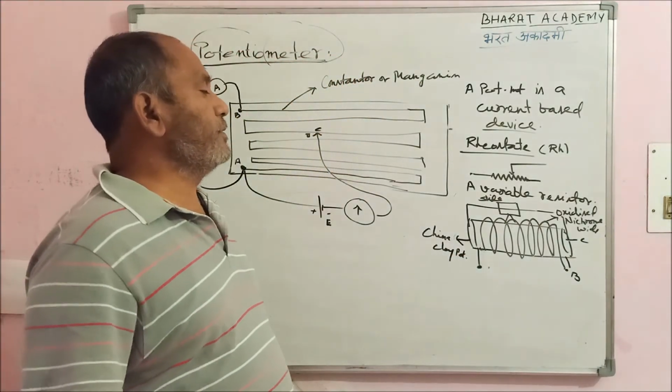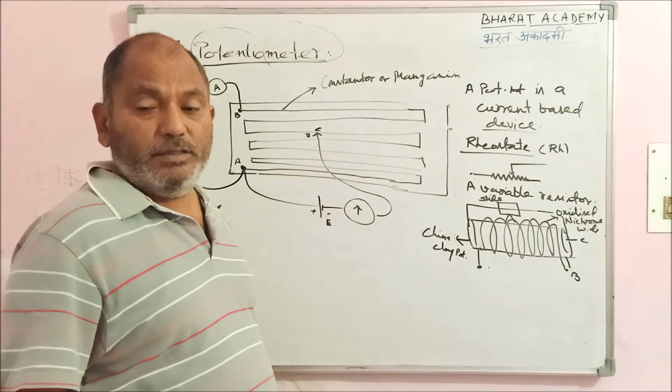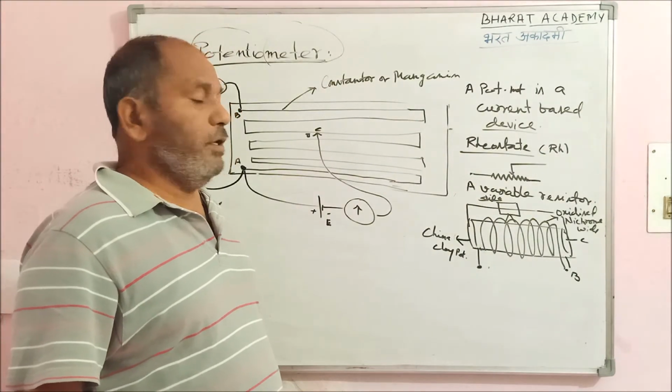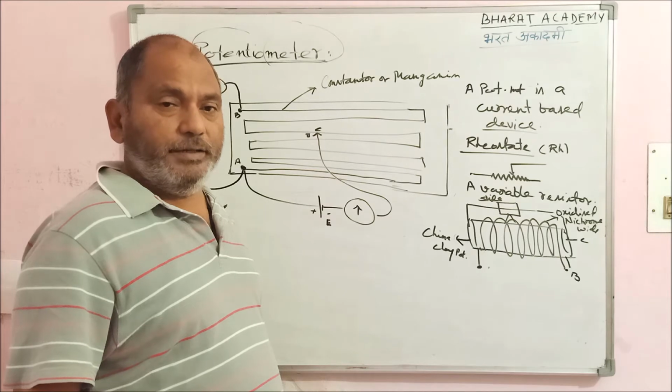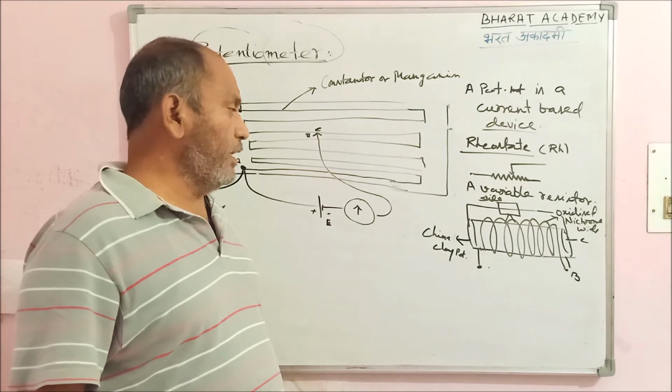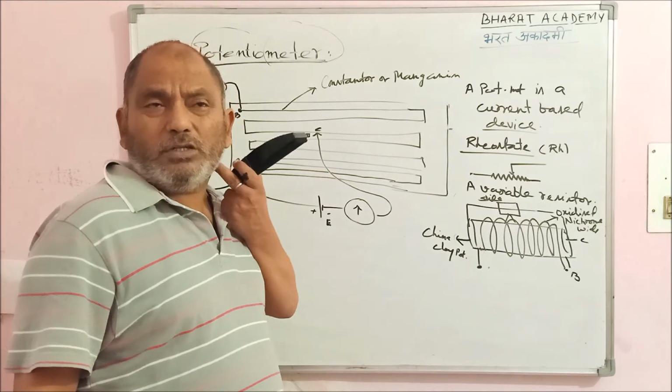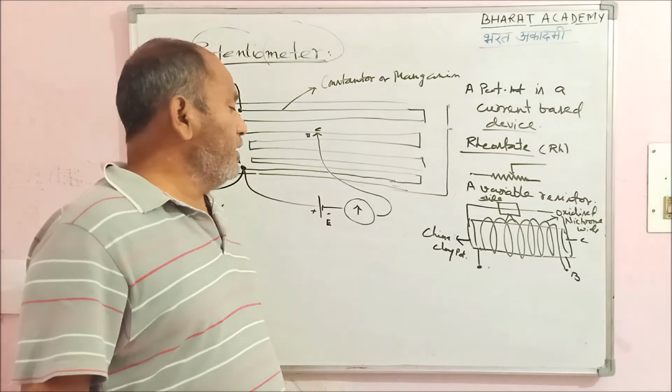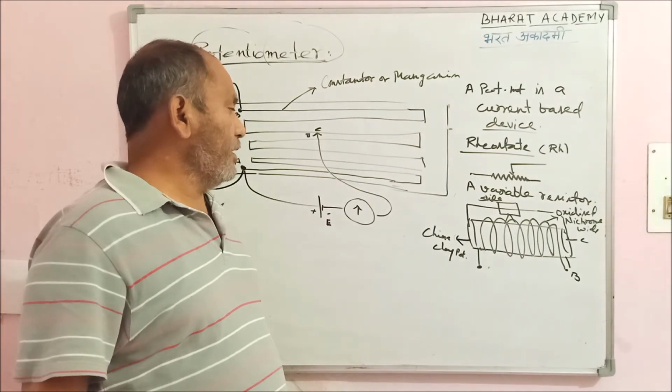Again I am repeating, oxidized nichrome wire. It is oxidized just to insulate the wire. Nichrome has a low temperature coefficient and high resistivity, and it is wrapped on china clay.